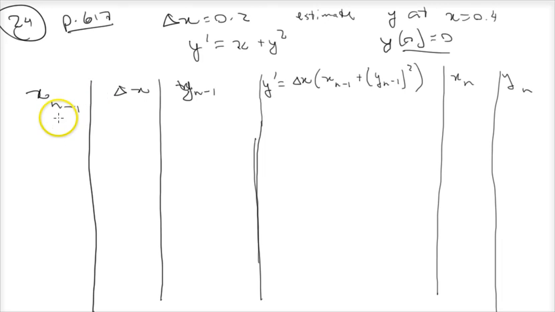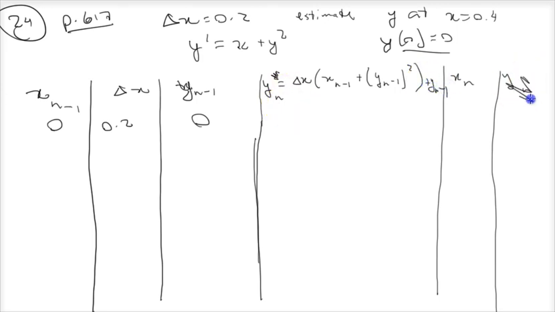Alright, so that means our initial x is going to be 0, our step size is 0.2, y sub n minus 1, our initial y, is going to be 0. Sorry, this isn't y prime, that's the new y, and then we're adding that to the initial y.